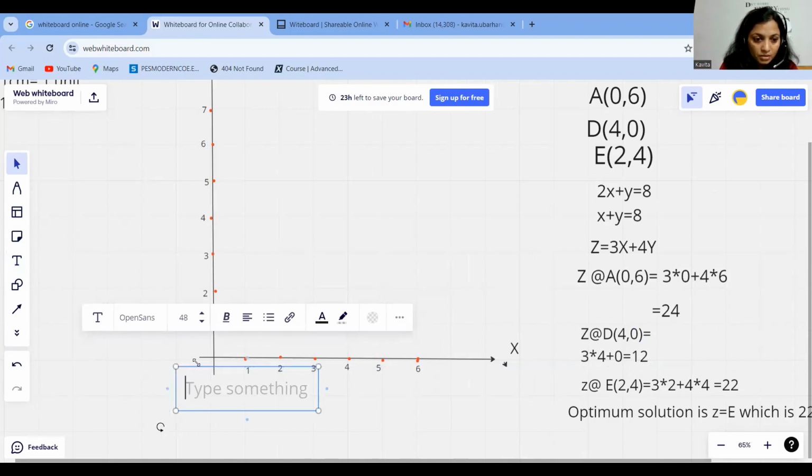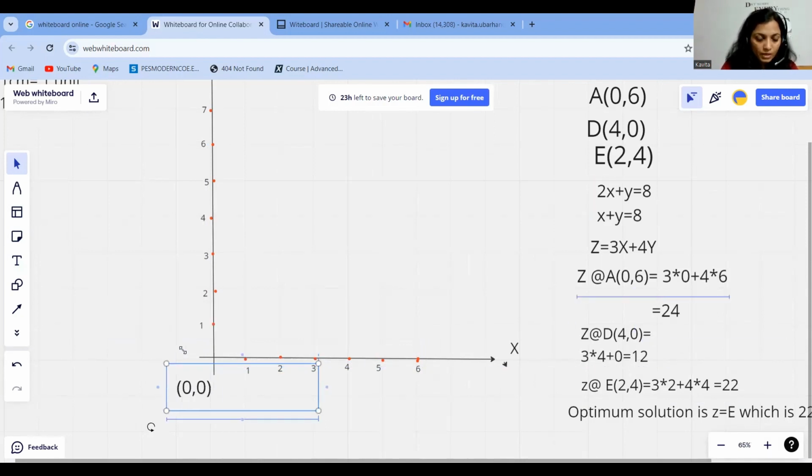This is your origin, we can say, and it is 0, 0 for both the axis values. Okay, this is O, 0, 0.